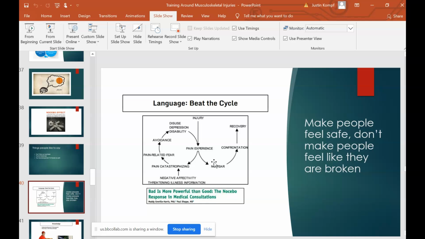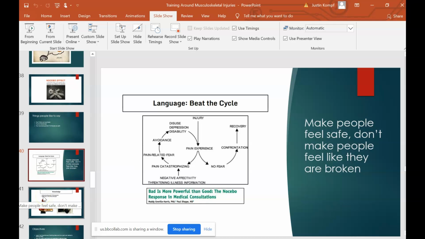So that means they're essentially freaking out about it. They get pain-related fear. So maybe now they're afraid to do exercise. So they avoid things. When they avoid things, they just don't use it. So they experience atrophy and other problems associated with being sedentary. And then that makes them more likely actually to injure themselves again.